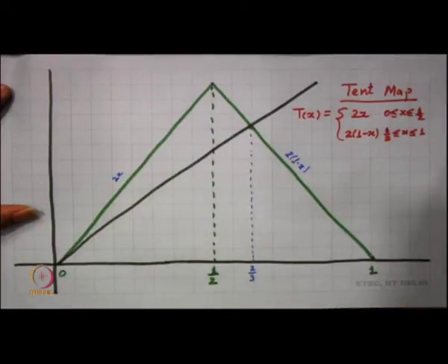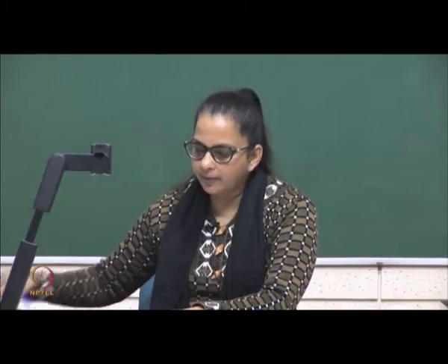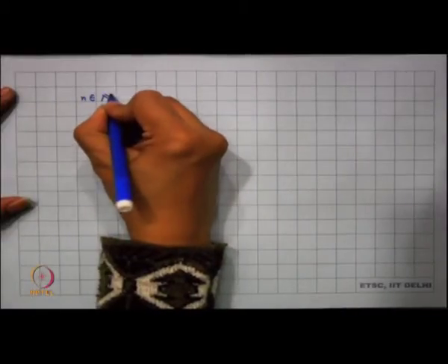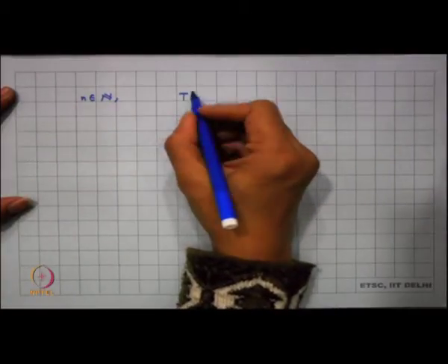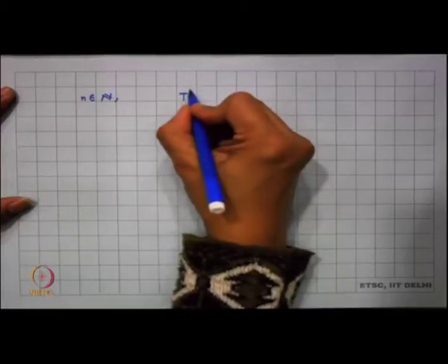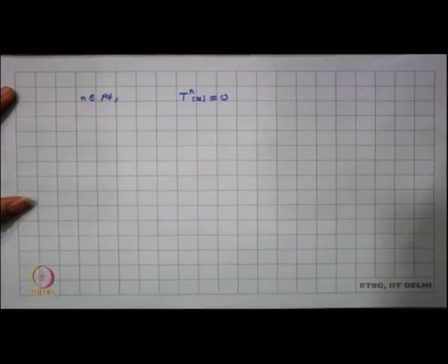The question comes up: for this tent map we do have fixed points, but do we have period 2 points? Do we have period 3 points? One can simply observe that, take any n in N, and we want to know all those values of x for which T to the power n of x will be equal to 0.